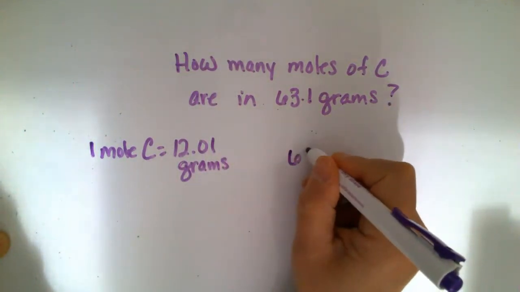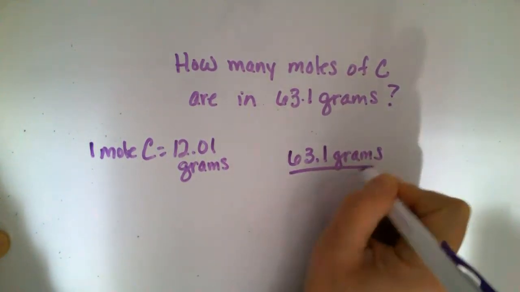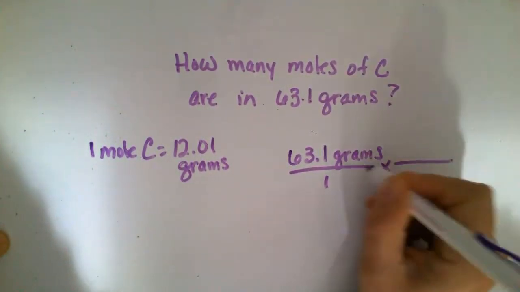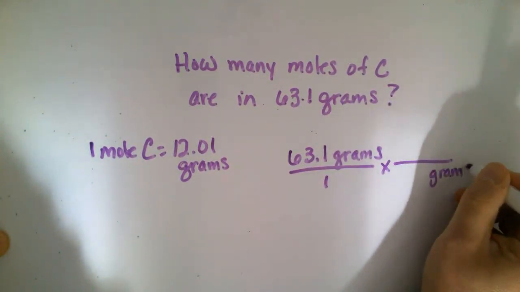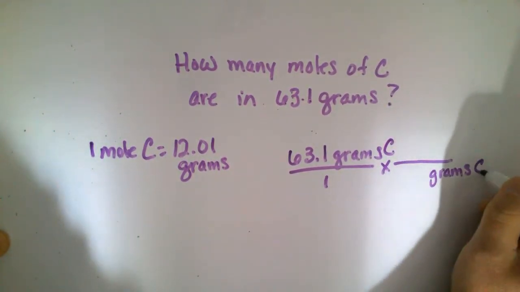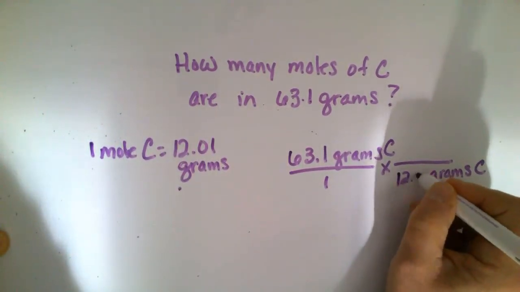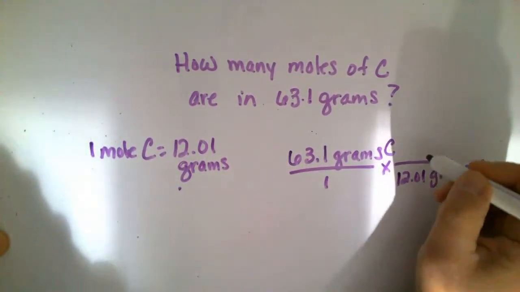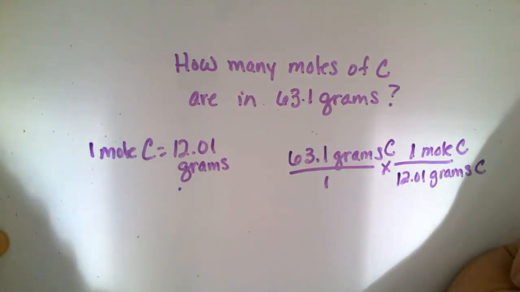So start with what we have. We have 63.1 grams. Put it in your fraction. We know that in order to cancel the grams, we have to have grams down below. Okay, so put grams of carbon, and we know from up here that there is 12.01 grams of carbon in 1 mole of carbon.